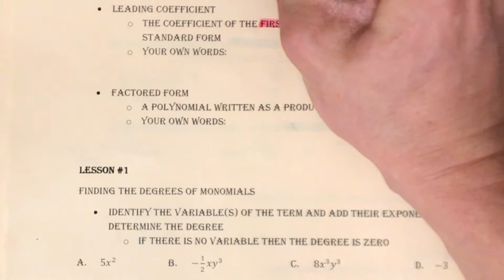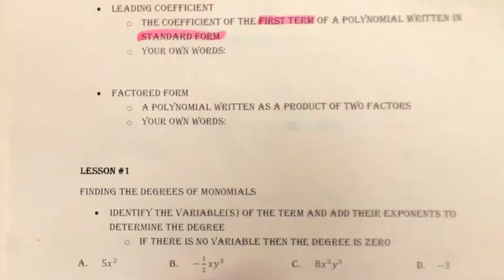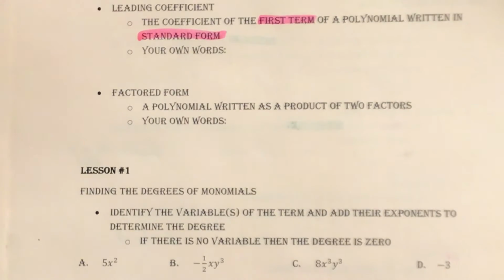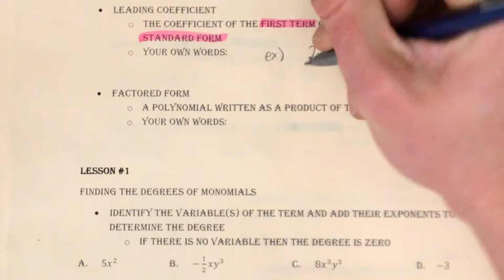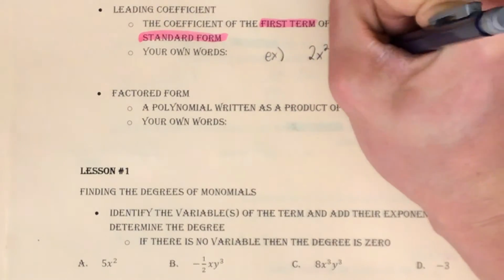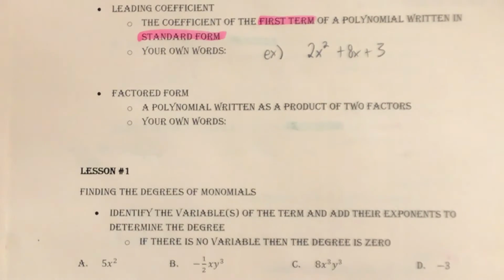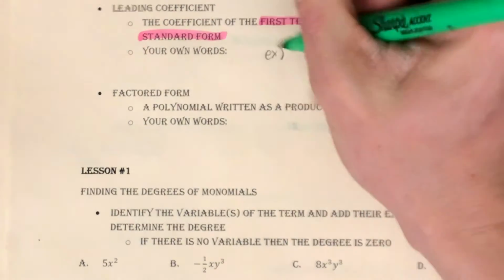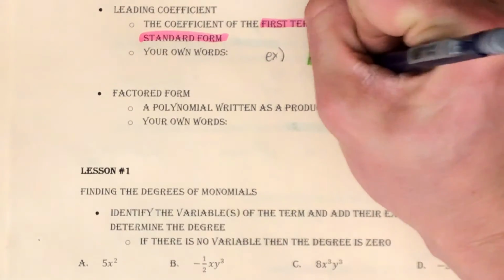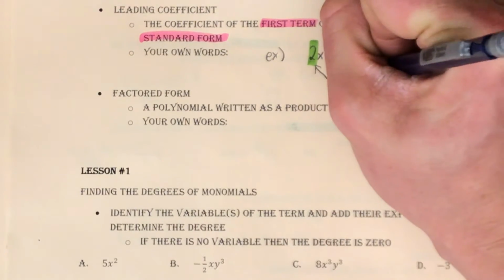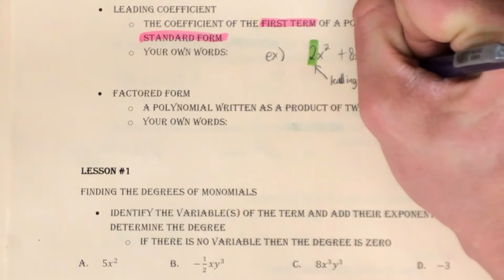So it has to be the first term, and the polynomial has to be in standard form. So again, moving from greatest exponent to smallest exponent. An example of this would be something like 2x squared plus 8x plus 3. There's our polynomial. And that number right there in front, that 2, would be called our leading coefficient because our polynomial's in standard form. And so the number in front of that first term would be the leading coefficient.